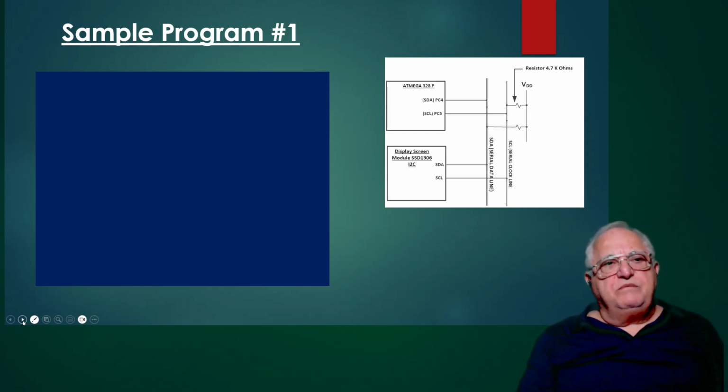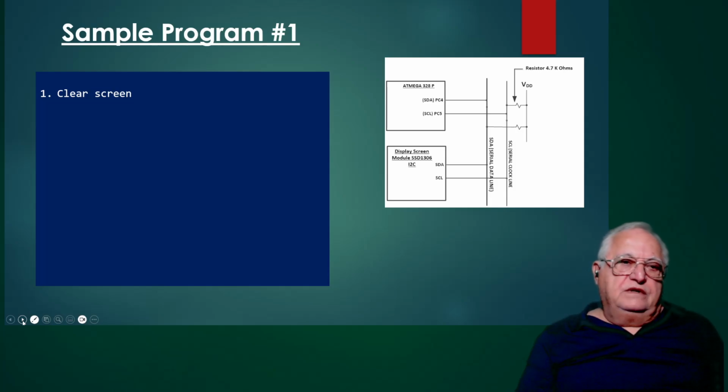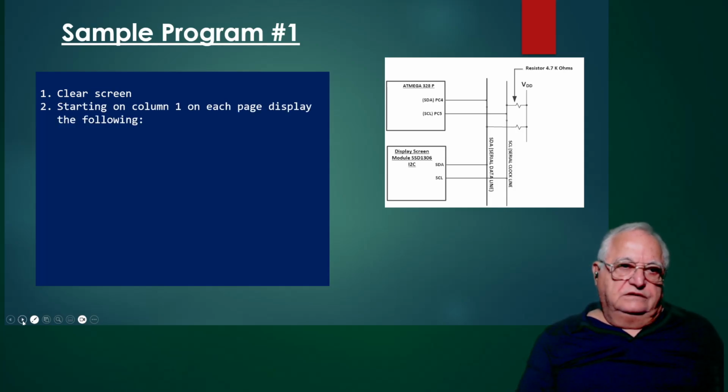Okay, let's go through our example program. First we want the screen to be cleared. Then starting on column 1, on each page, display the following. Now each page is equivalent to each row, basically.